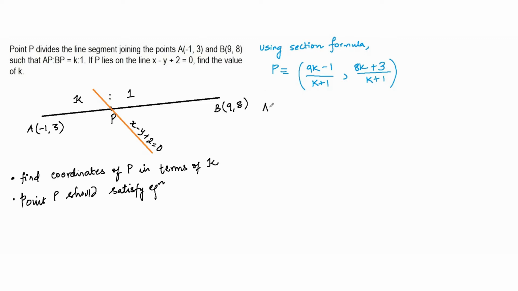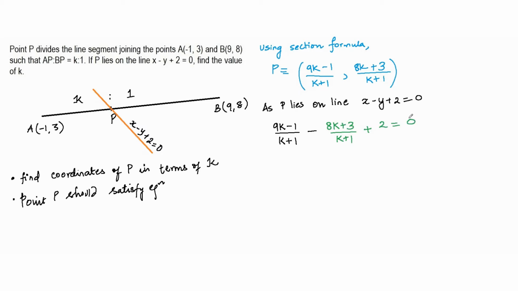Now as P lies on the line x minus y plus 2 equals 0, I can substitute x by (9k minus 1) by (k plus 1). So this would be (9k minus 1) by (k plus 1) minus the value of y, so y is (8k plus 3) upon (k plus 1), plus 2 is equal to 0.